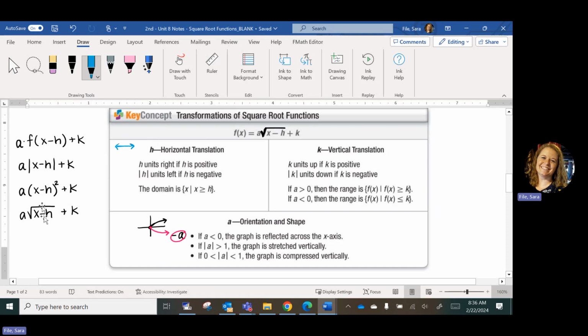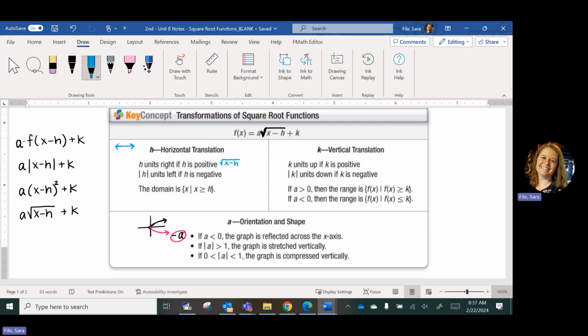Okay, so remember, when you plug in a positive H, that's not going to change that. It's going to stay a minus. So when you see a minus in the equation, the H is actually positive. So when your H is positive, it's going to show up like this: X minus H. That means your graph is shifting to the right.